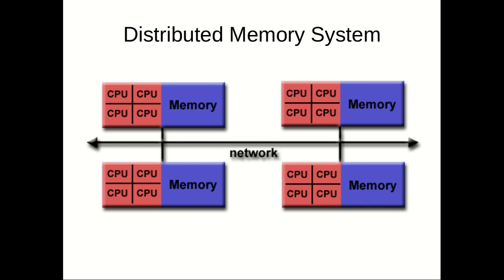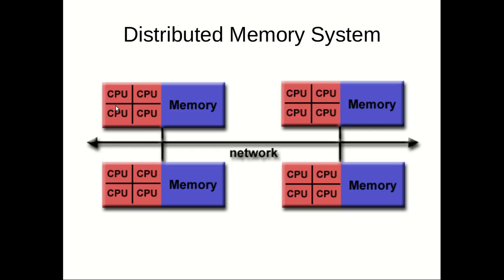All the CPUs do not have exclusive rights to one particular memory, whereas they have exclusive rights to only a fraction of the memory. For instance, if you look at my cursor over here, these 4 CPUs have exclusive access to this memory, whereas these 4 have exclusive access to this memory, but they cannot access this one or this one.